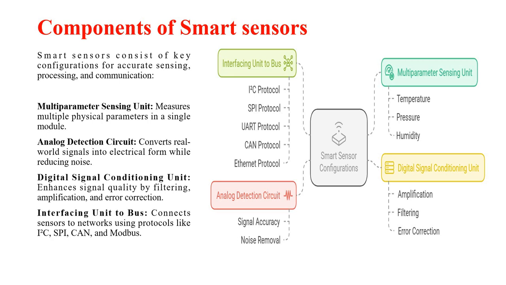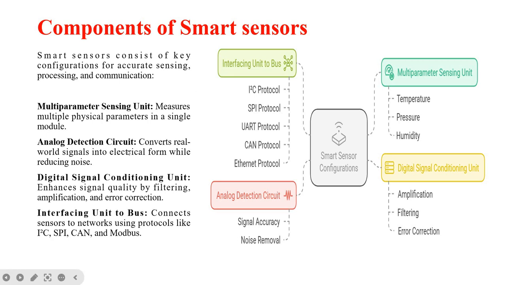So here the first component is the multi-parameter sensing unit, a single sensor module that can measure multiple physical parameters such as temperature, pressure and humidity, and it helps in reducing the system complexity and improving the efficiency. An example is a smart weather sensor which detects the temperature, humidity and air pressure simultaneously.